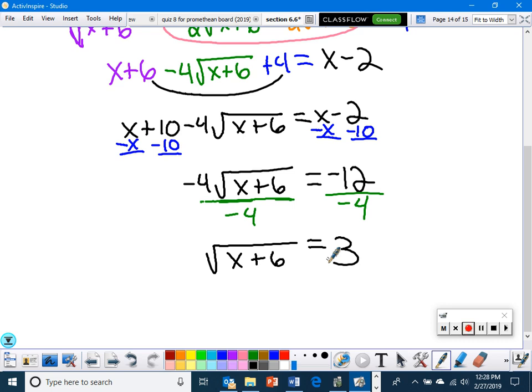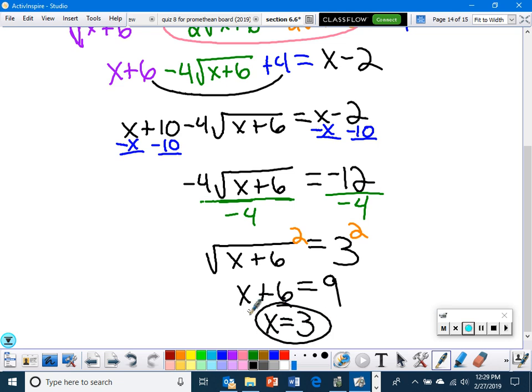Get rid of the square root. Subtract 6. And our answer is 3. And you could go ahead and check that one, and it will work. Okay, it will work.